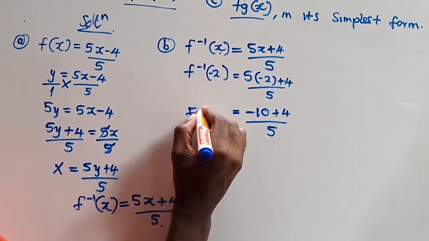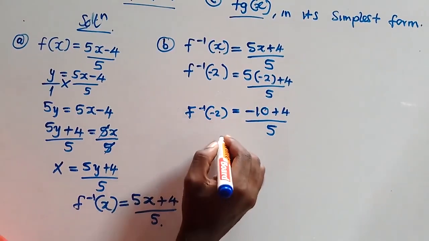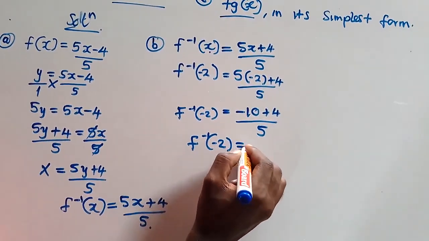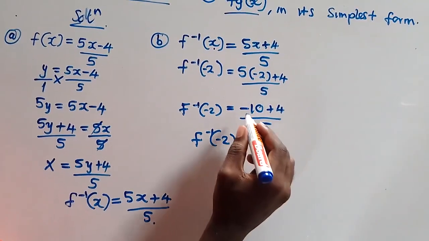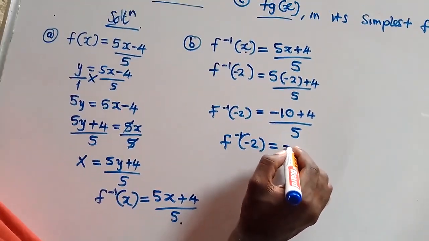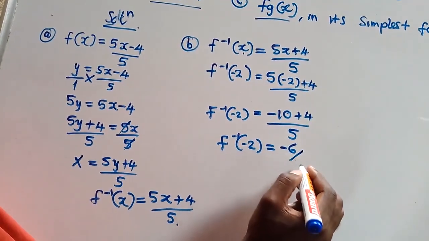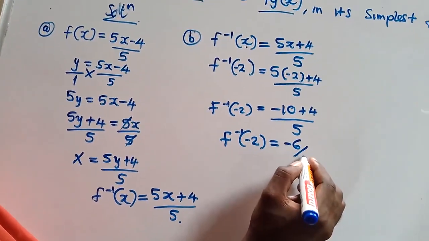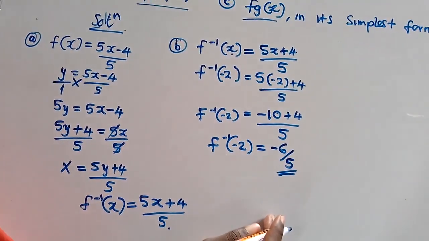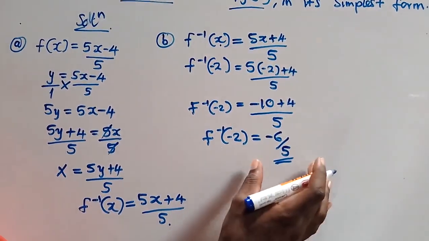If you evaluate, you discover that the answer will be negative 6 over 5. This is your answer. This is how you are supposed to answer this one.